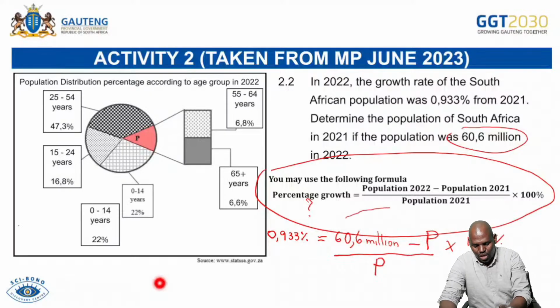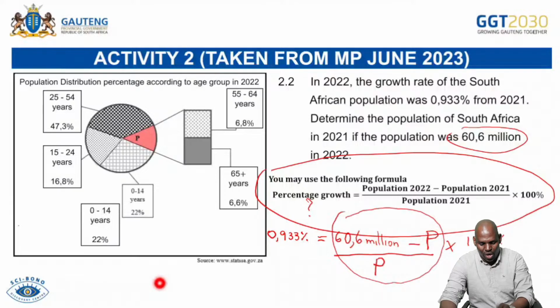Remember this is actually now one thing. So if I take 0.933, I divide it by 100%. So I'm going to divide both sides by 100%. That one and that one will disappear.